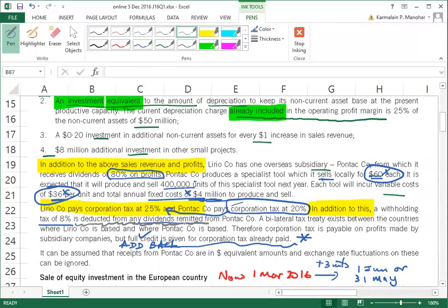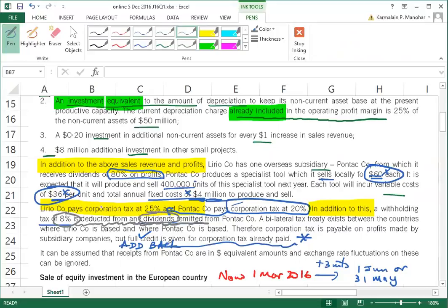So what do you do first? Deduct the 8% or find the dividends? And she says to me, tax. I just did the tax. So, all right, it's a second tax.